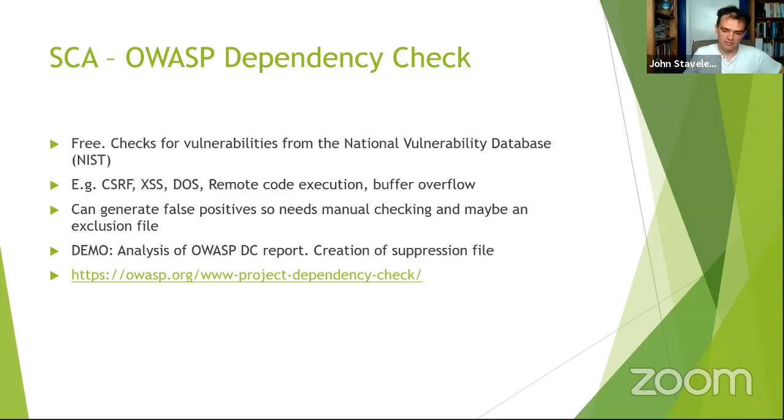So things like NuGet packages, NPM packages, which could contain all sorts of security ills: cross-site request forgeries, cross-site scripting, denial of service vulnerabilities, remote code execution, buffer overflow. It can generate false positives, so it needs manual checking. So I'll go through that in a minute. And then you may need to create an exclusion file if you judge that it's not applicable to your setup or you've mitigated it in some way.